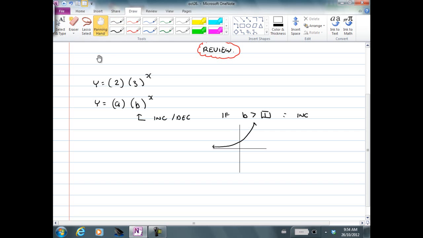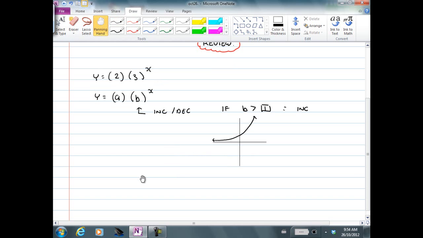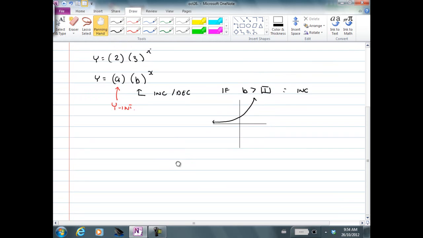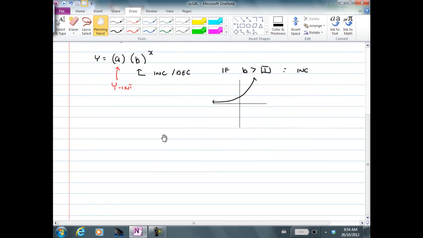But since it doesn't exist, you can't solve it. So this is called an increasing function. And really, this, for now, represents your y-intercept. Because, for example, if it's 2, 3 to the power of x, my y-intercept is 2. That is what we did yesterday.